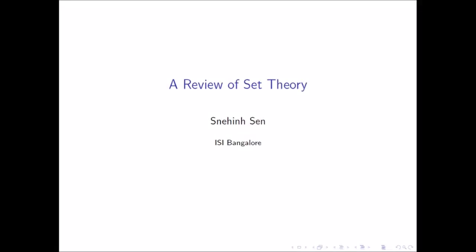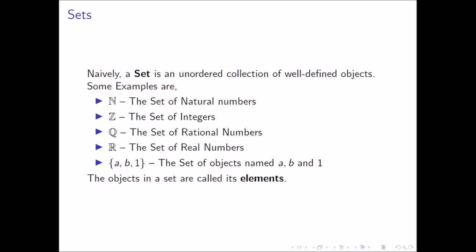So now we will briefly review the important concepts of set theory. Firstly, what are sets? In a very naive way, we can say that a set is an unordered collection of well-defined objects. See the usage of the words unordered and well-defined.